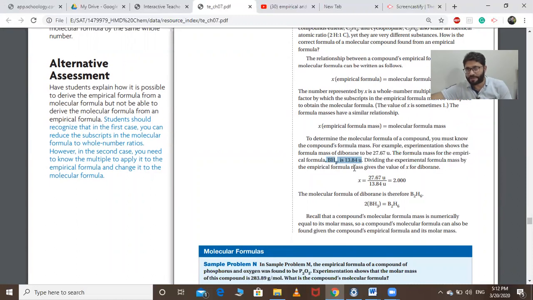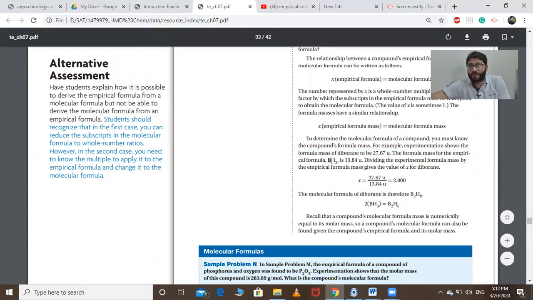But the formula mass is given for diborane already. It's 27.67. This one will be given to you in the quizzes, that the formula mass for diborane is 27.6 u, but you have to find the formula mass of the empirical formula, which is almost equal to 13.84.